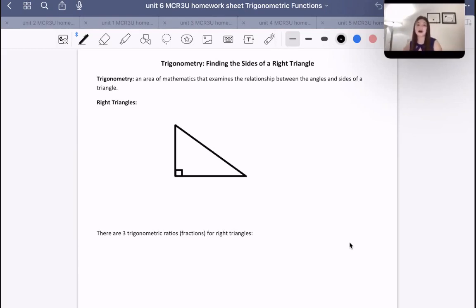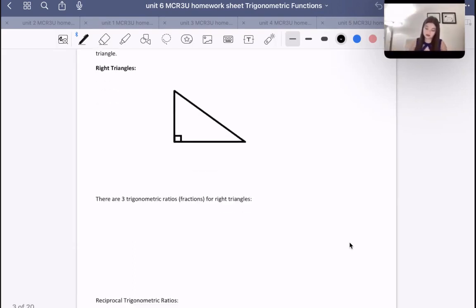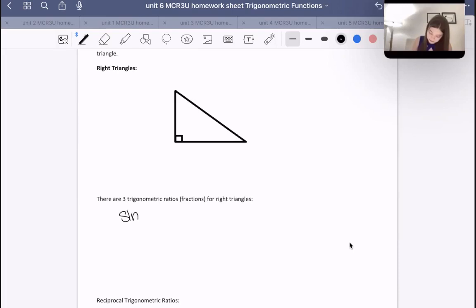So I'm going to quickly review the basic 3 trig ratios. So we have sine, we have cosine, and we have tangent. Now, sine is equal to opposite over hypotenuse, cosine is equal to adjacent over hypotenuse, and tangent is equal to opposite over adjacent.